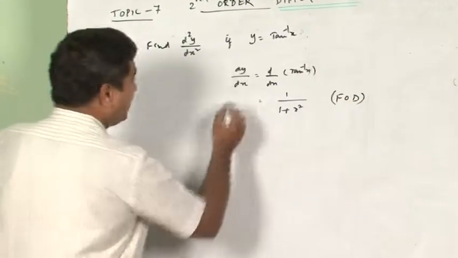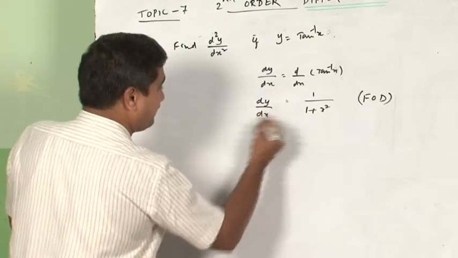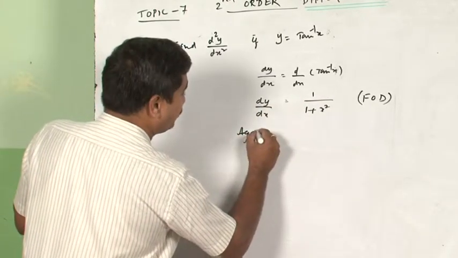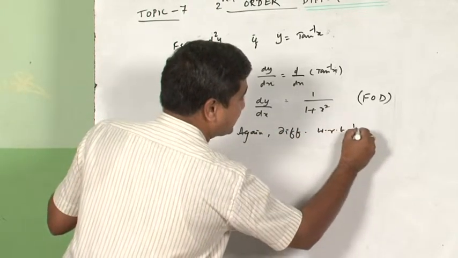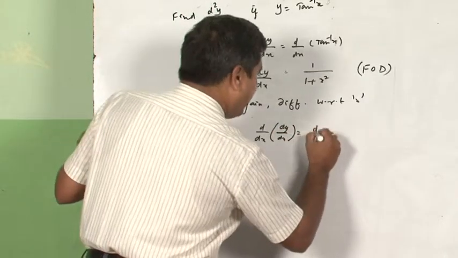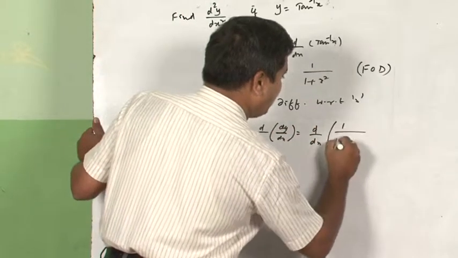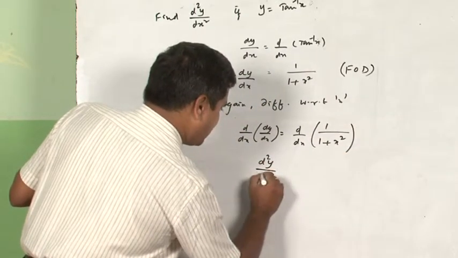This is the FOD, which I am taking as dy by dx. Suppose I want the second derivative, again you have to differentiate with respect to x. What happens? d by dx of dy by dx is equal to d by dx of 1 upon 1 plus x square, that is d square y by dx square.